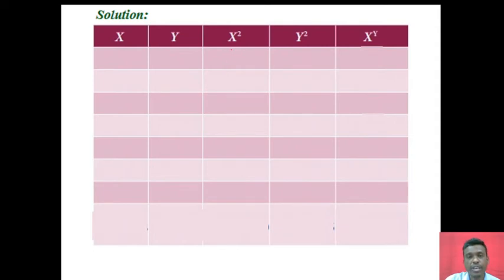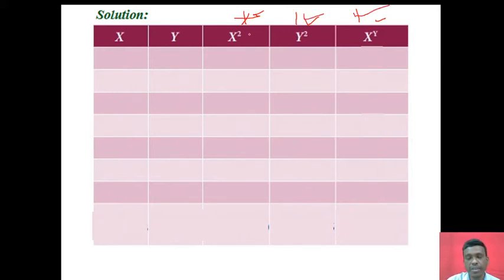In such a case, whatever is required, only that you have to find out. No need to find all these three. You need xy at that time. X on y means you need y square, but you don't need x square. Now because you are finding both the regression equations, x on y as well as y on x, you need all these three.